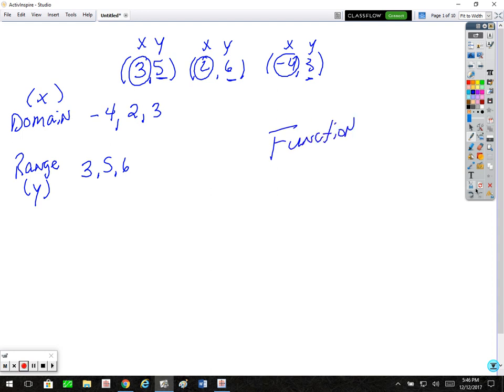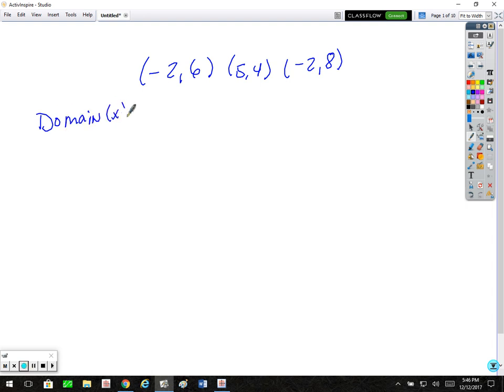Okay, let's look at one more just to make sure we've got a handle on this. So if I do something like (-2, 6), (5, 4), (-2, 8). Well, here we do our domain, which again is all of my x values, and then the range, which is all of my y values.